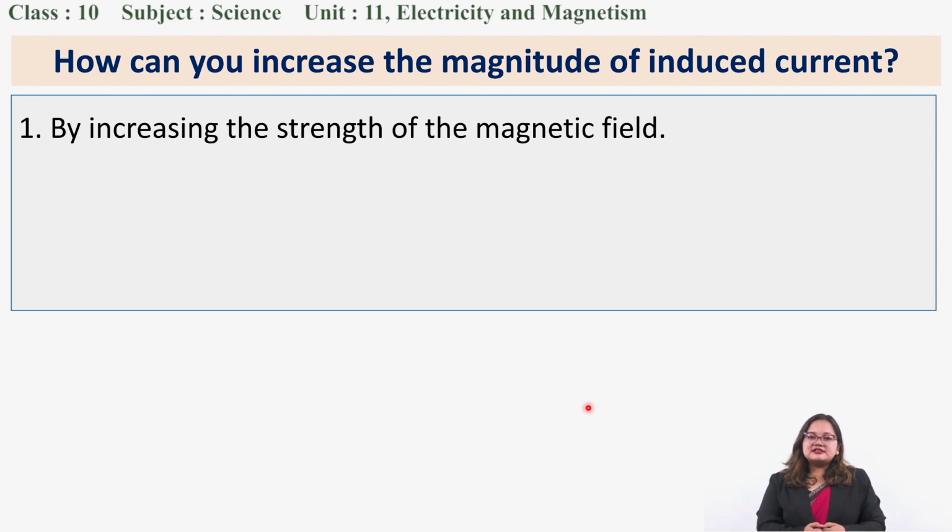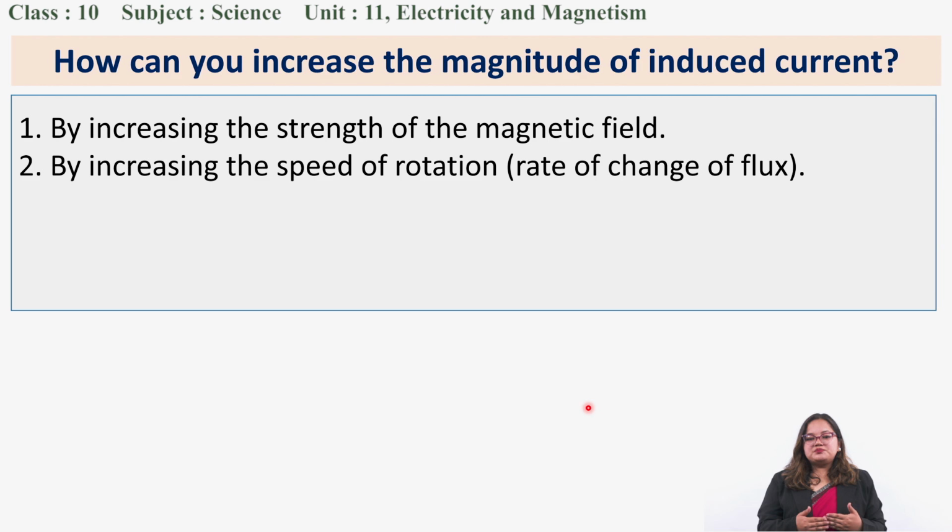In our previous class, we studied magnetic flux. A strong magnetic field means many magnetic field lines. If there are many magnetic field lines, the change in magnetic flux becomes high, which is our second point. If the change of magnetic flux is high, the magnitude of induced current is also high.